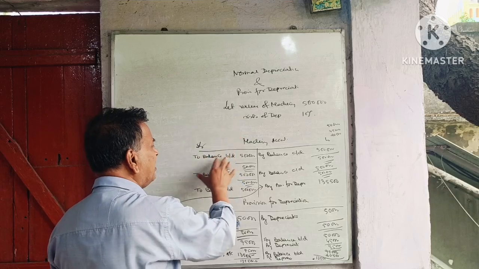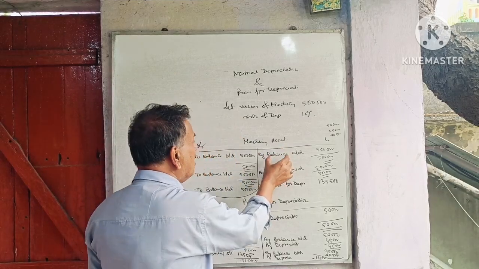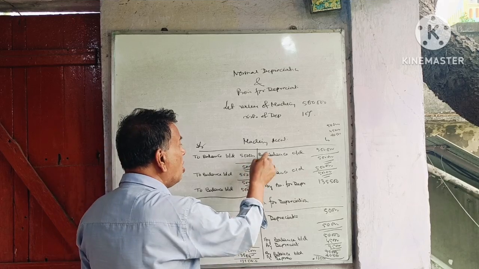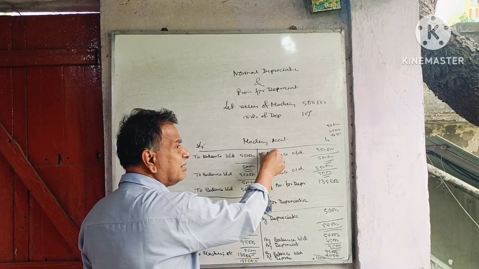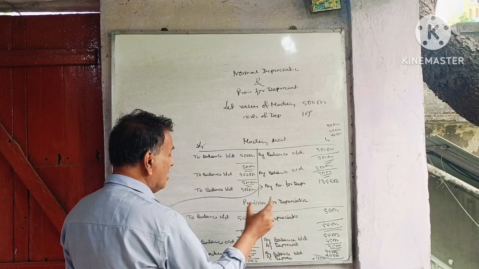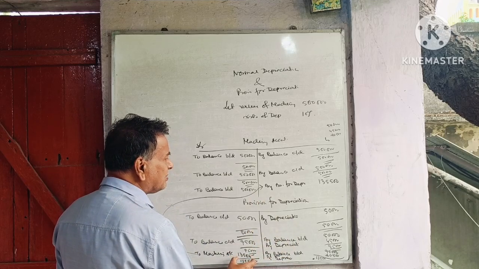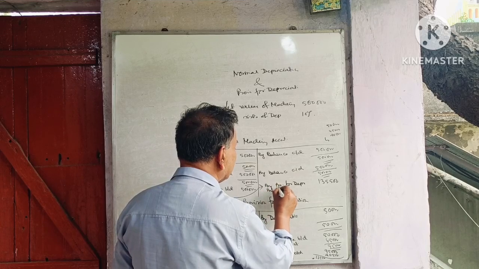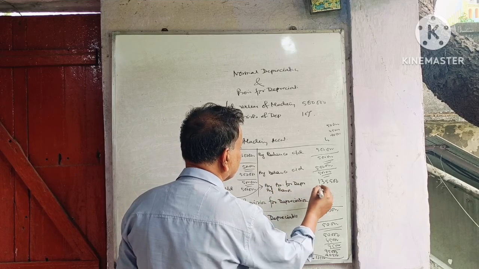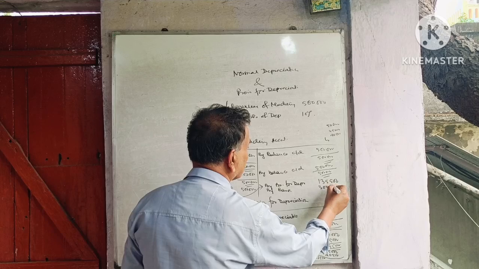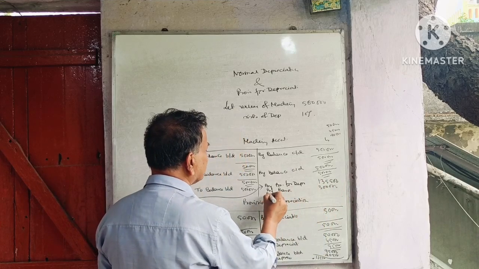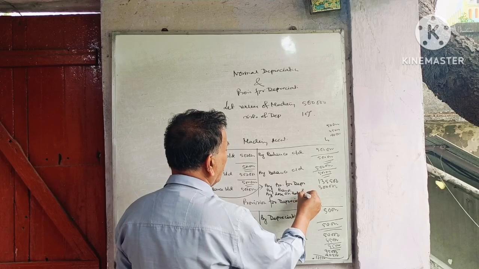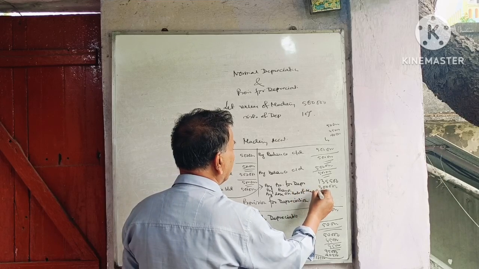So see it please, in respect of the normal machinery account with the effect of the depreciation, we are required to write to balance BD, by depreciation, by balance CD. But in respect of the machinery account with provision for depreciation, there is no scope of writing by depreciation. Instead of that, it has been affected over here. What is the total depreciation? 1,35,500. Now it is being affected over here. By bank, how much was it sold for? Sold for 3 lakh. And whatever be the balance, by loss on sale of machinery, or you can write by PL.